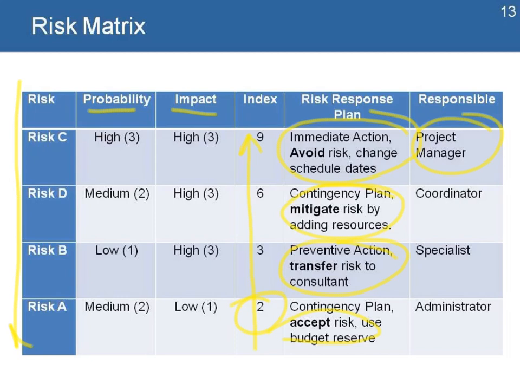The idea is that this risk matrix needs to be evaluated on a regular basis. Our project team needs to come back and look at the data that they were able to collect and see if there are new risks coming along, because it's very common that as more information is available to the team, they will be able to define new risks.